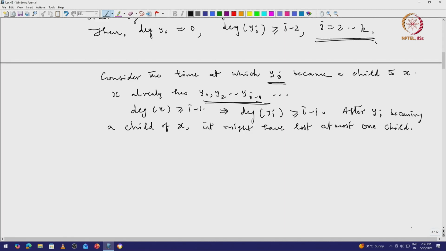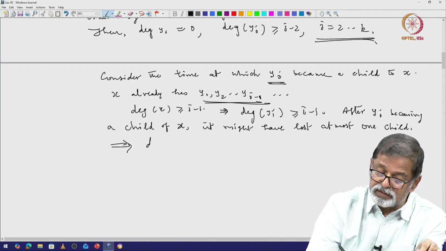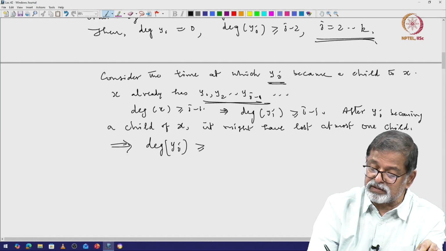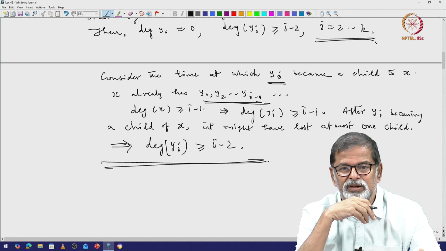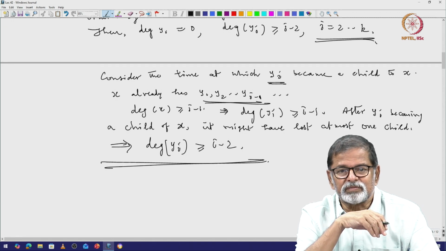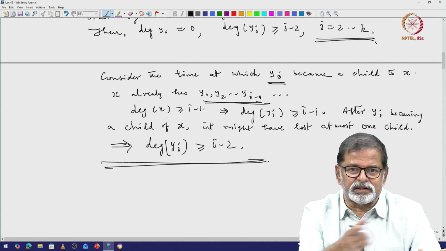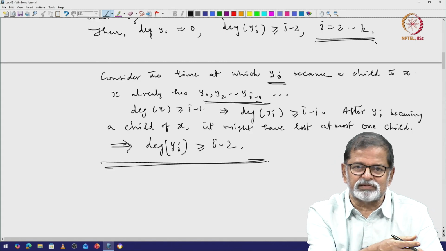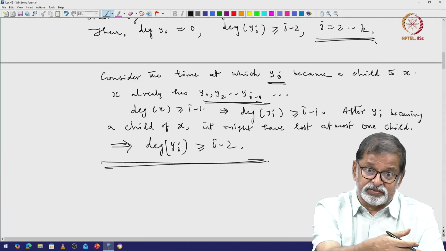Therefore, it might have lost at most one child, implying that degree of yi is greater than or equal to i minus 2. The first vertex that you are adding obviously will have degree 0, because x also will have degree 0, and y1 is the first child.